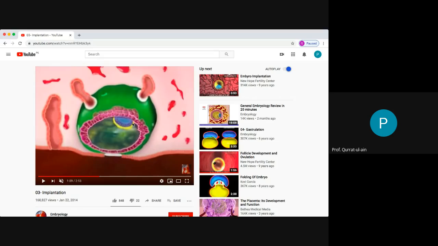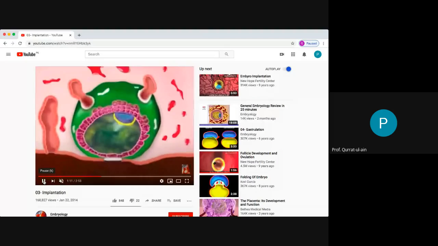The embryoblast is in two parts, epiblast, hypoblast, and this is a cavity which is amniotic cavity, and this blastocyst cavity is now the primary yolk sac. See what happens next. See what is happening in the syncytial trophoblast.